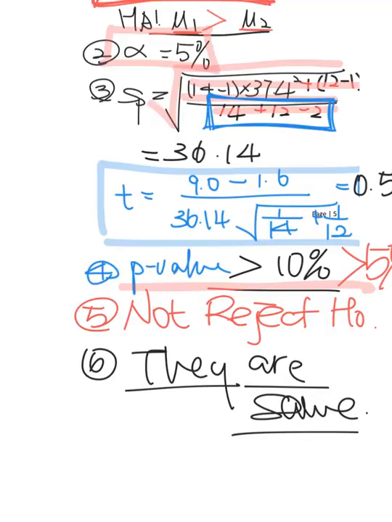T-table gave us only the right tail. So before, we took negative test statistic, we needed left tail, but we ignored the sign. So we take the probability from the t-table. Actually, it was the right tail, but we needed left tail.